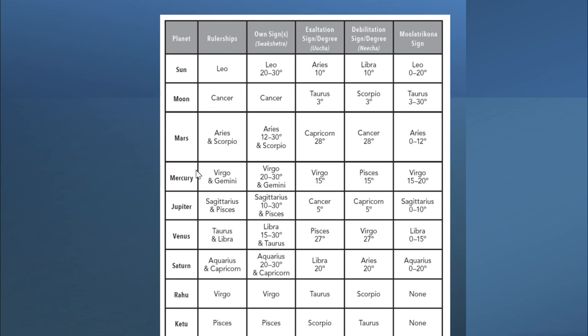Similarly for other planets as well. I will send you this table, or you can take a screenshot of it if you want. This is something we just have to learn.